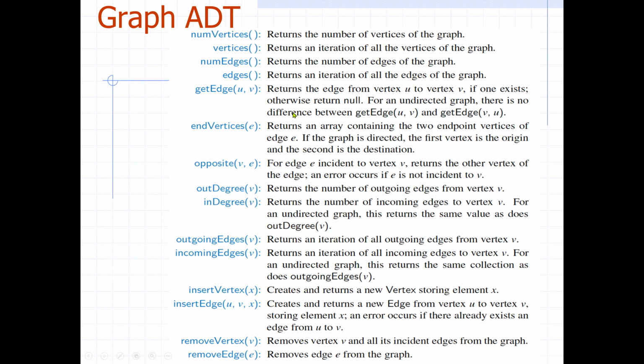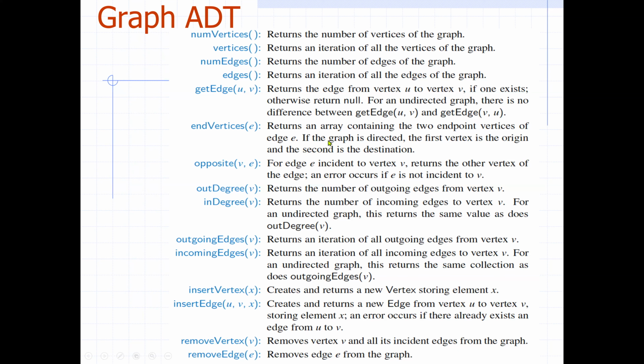If it doesn't exist, then it will return null. Now, for an undirected graph, there is no difference between get edge UV and get edge VU. As we said earlier, undirected graph means we can go either direction, from source to destination, or from destination to source.